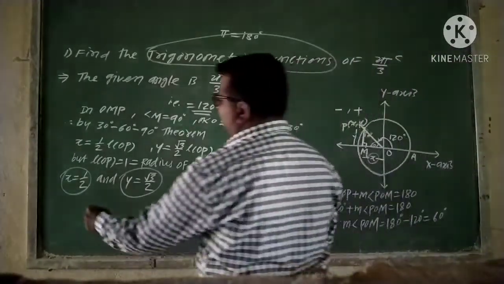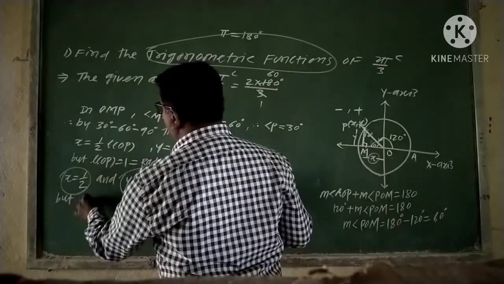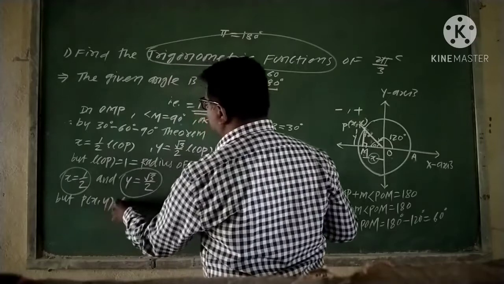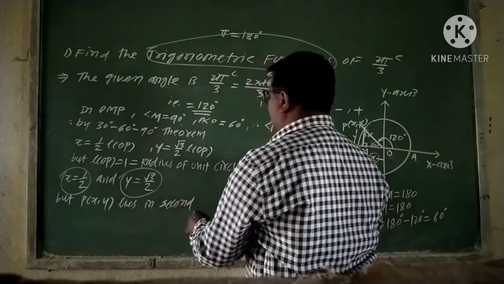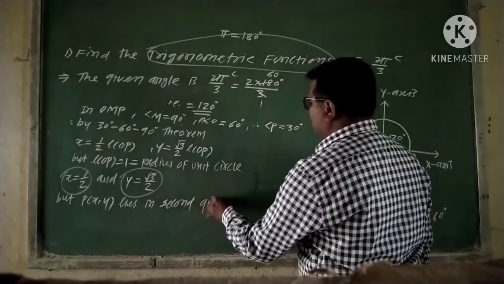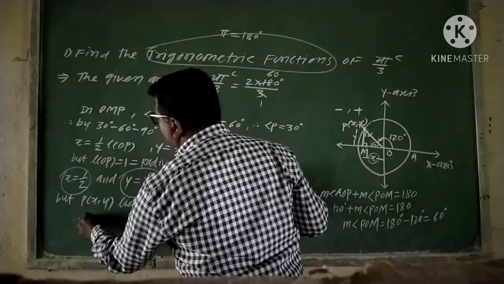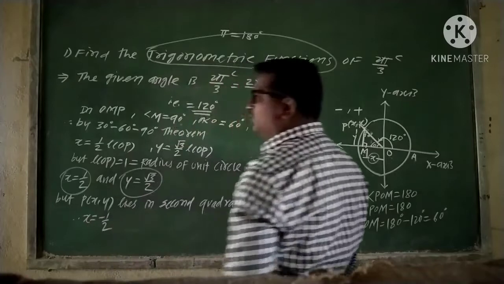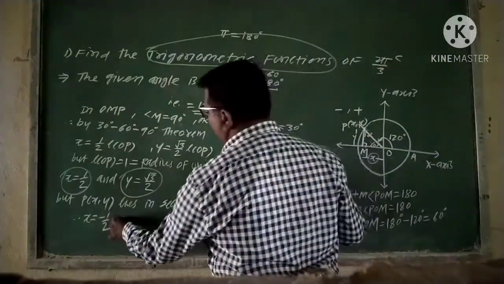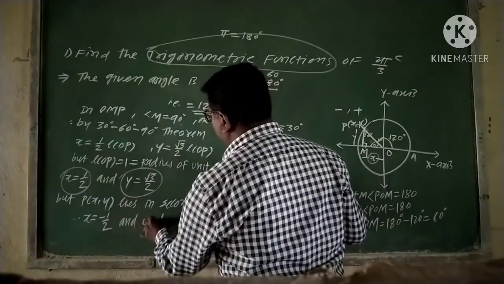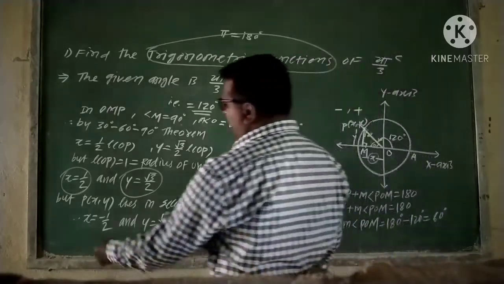So the point P having coordinates x, y lies in the second quadrant. So x has the value x equal to minus 1 upon 2, because in the second quadrant x is negative, and y has a positive value, y equal to square root 3 divided by 2.